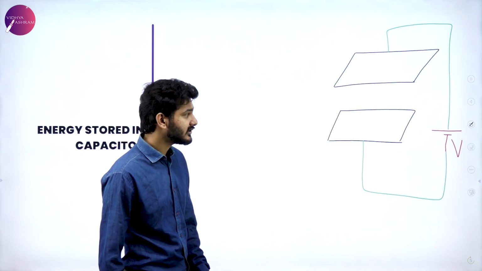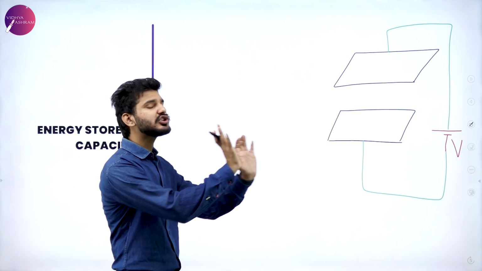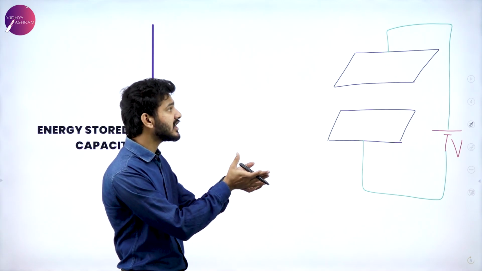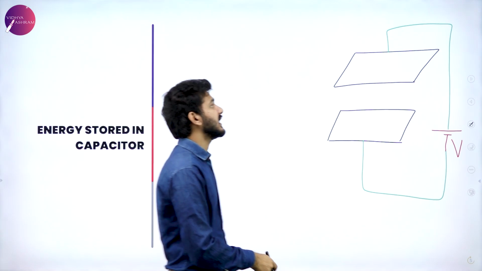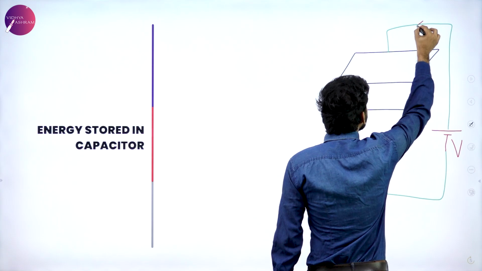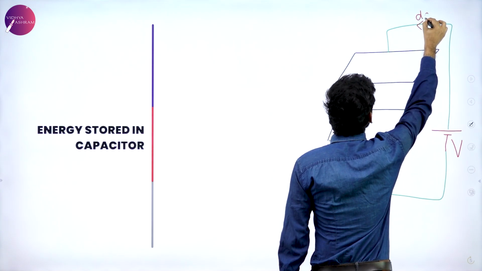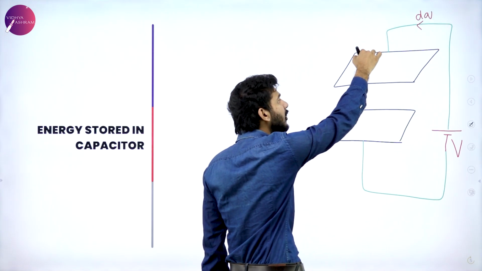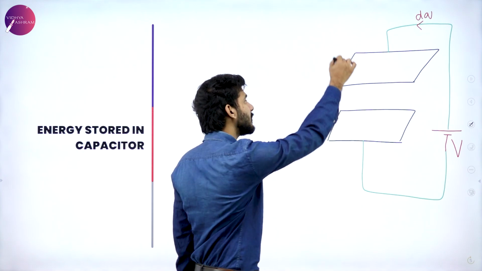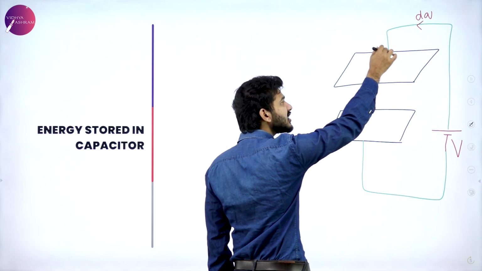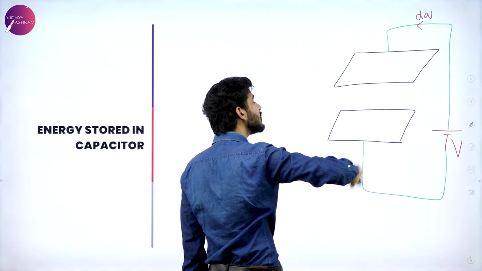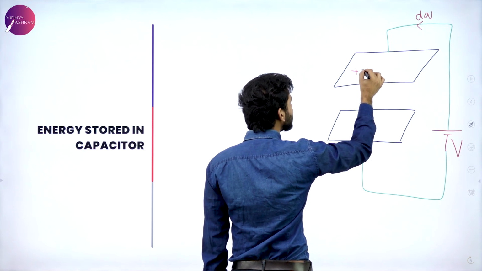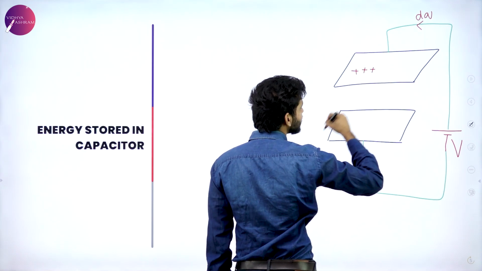So it has V volts, which means that it is pushing away charges from the battery onto the top of the plate. That is, here dq amount of charge is being deposited on top of the plate by slowly depositing each charge on the plate. So let's assume for a while it is accumulating charges.